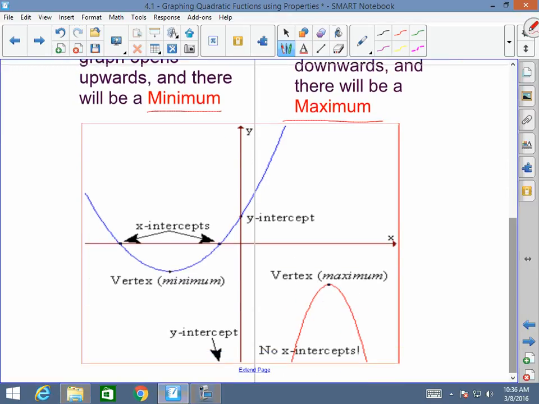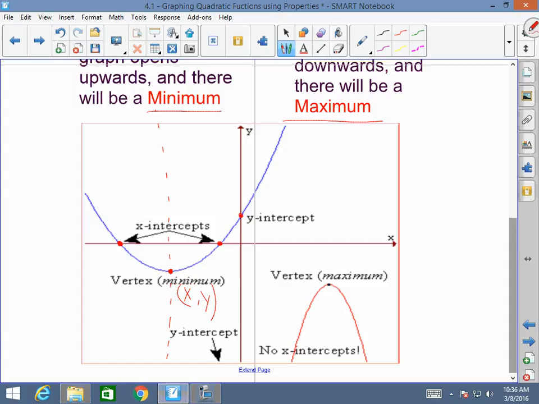My y-intercept is right here because it's the y value on the y-axis when x is 0. My x-intercepts are the solutions, or the zeros, or the roots. My axis of symmetry goes right through the vertex, and this is my vertex, which happens to be a minimum. Now, the vertex is going to be an ordered pair, x and y. Please pay attention to this.